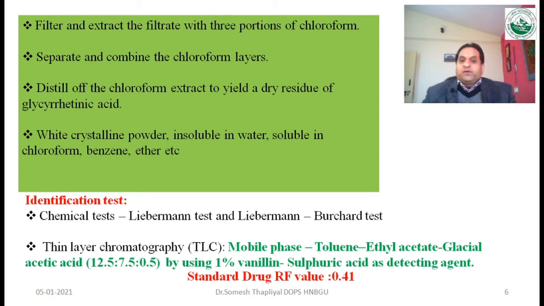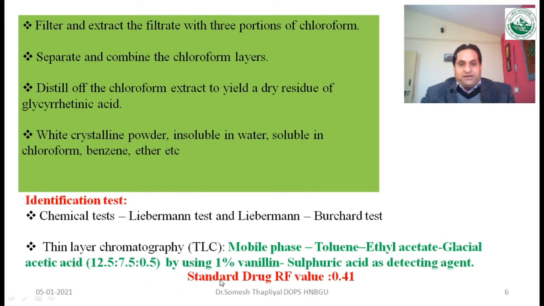So to perform the chromatography we have to use the mobile phase, that will be toluene, ethyl acetate and glacial acetic acid in the ratio of 12.5 to 7.5 to 0.5, and 1% vanillin sulfuric acid we will use as a detecting agent, and we will compare with the standard drug.